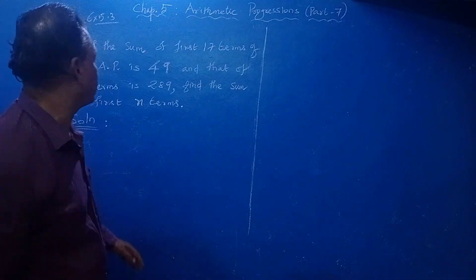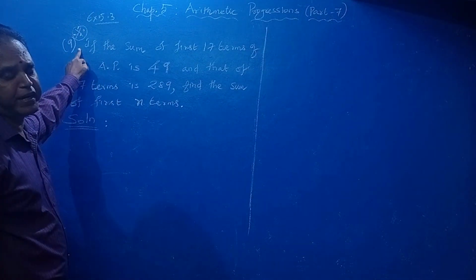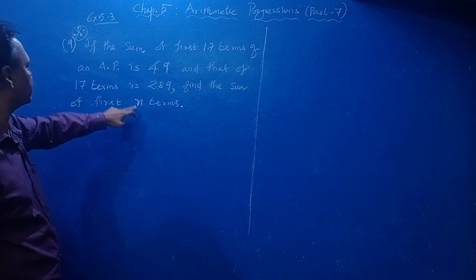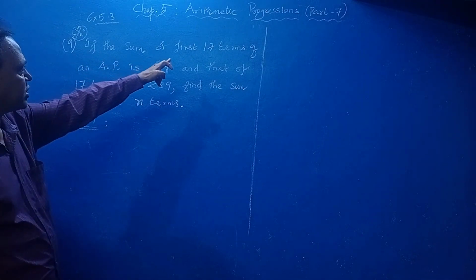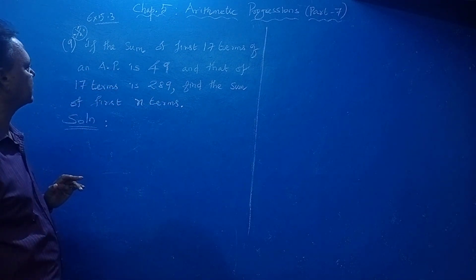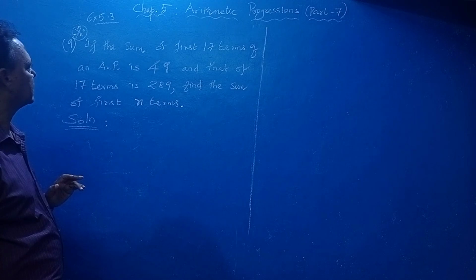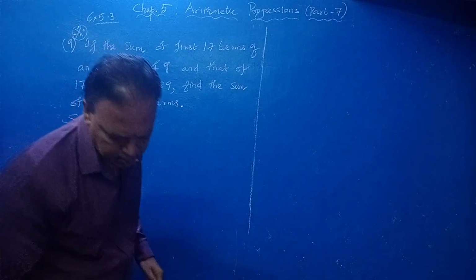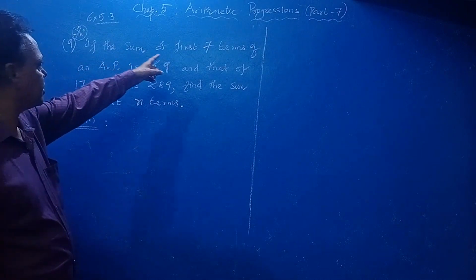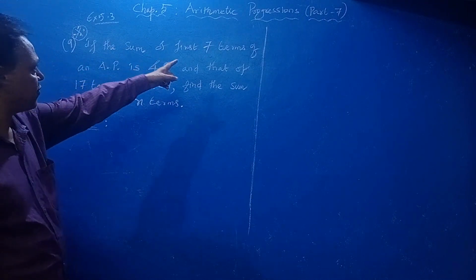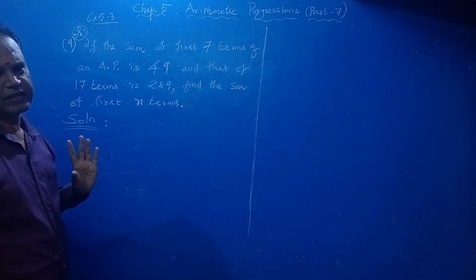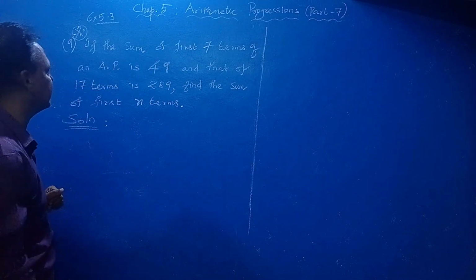So next important problem, very very important, many times repeated. Clear? Repeated questions in the exams. If the sum of first 7 terms of an AP is 49, that means S7 is given.